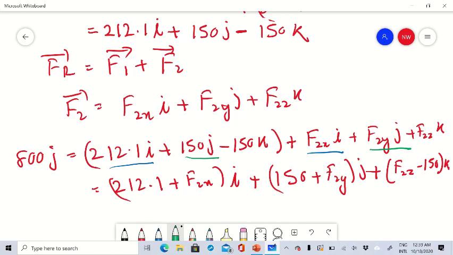So I take the k terms together. What are the k terms here? This one and this one, right? Since this is minus, it goes here. This is plus F2z minus 150, right? So which is equal to 800 j, right?